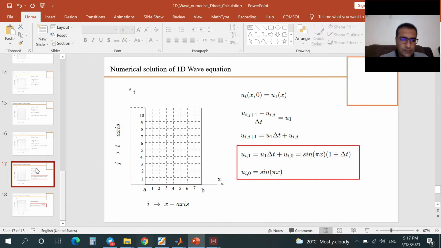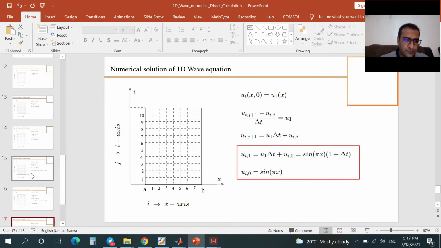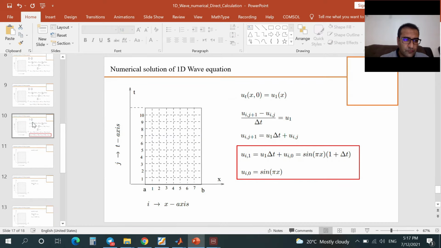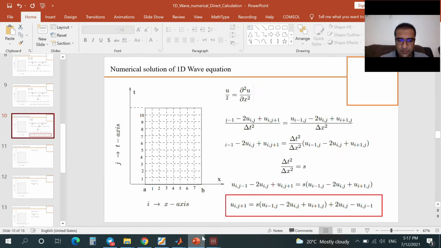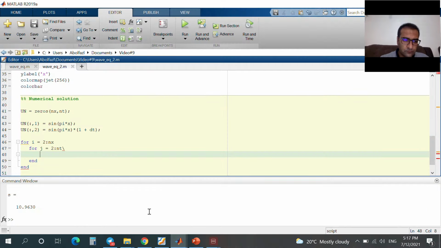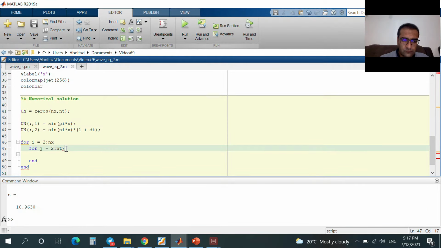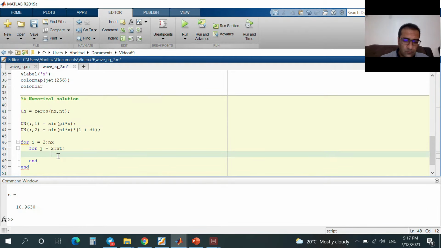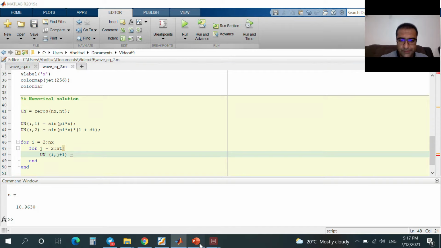Here, let's look at the equation that we derived. This one, okay, u i, j plus 1 is equal to what?